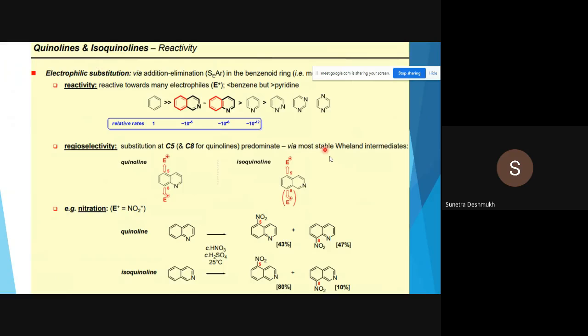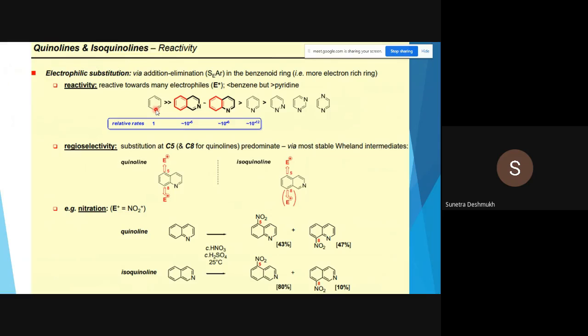Okay, now we'll see the reactivity of the electrophilic substitution reaction. Electrophilic substitution occurs via addition-elimination in the benzenoid ring, the more electron rich ring, and it is reactive towards many electrophiles. It is less reactive than benzene, but quinoline is more reactive than pyridine. Here I have given relative rates of reactivity.